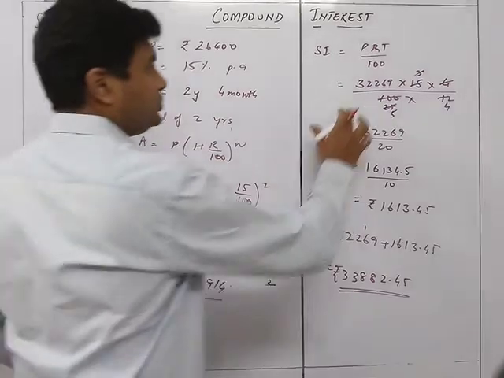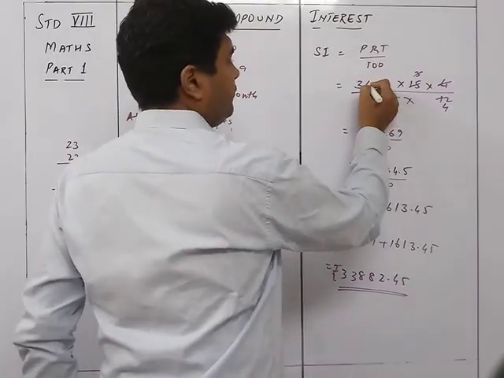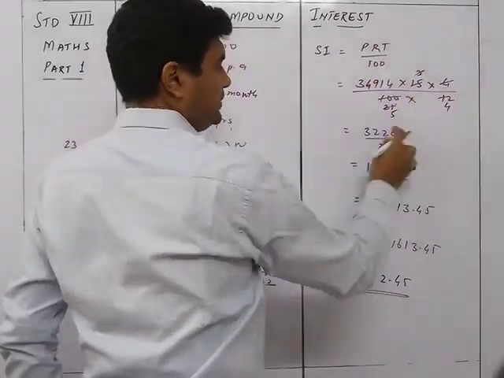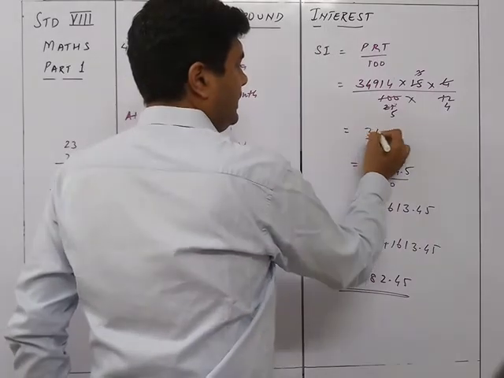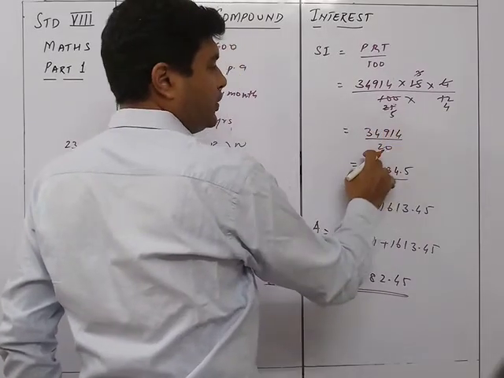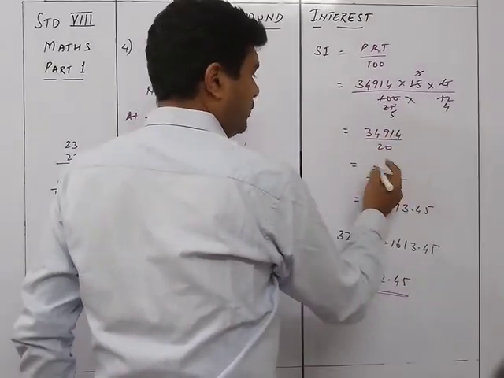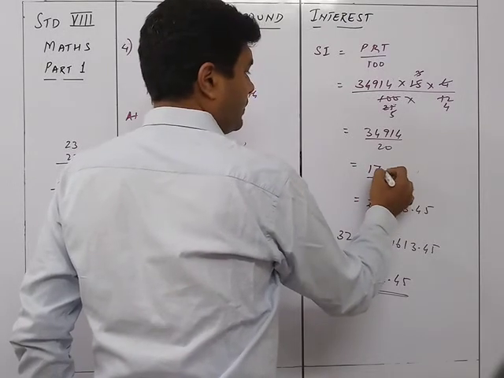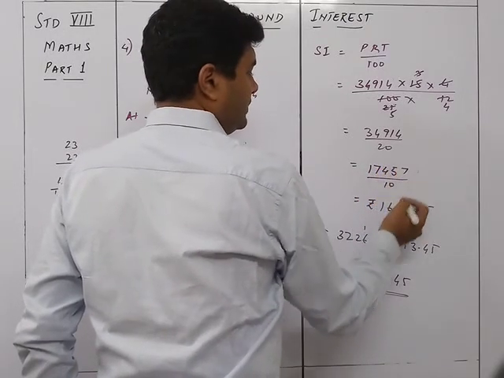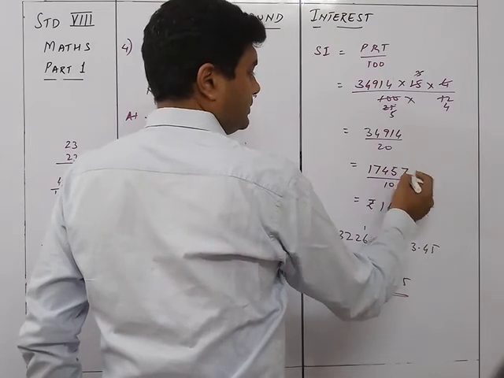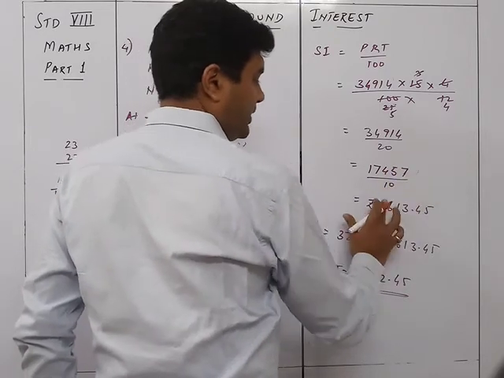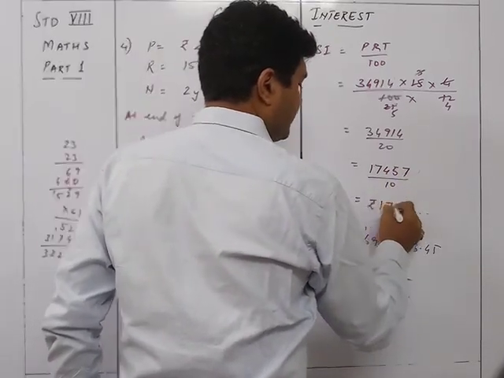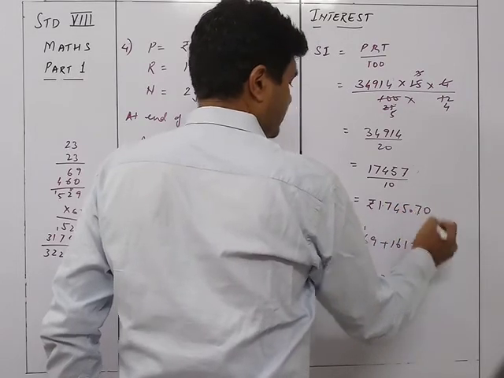Accordingly, the answer over here will also change and it will become 34914. So it will be 34914 into this. So 34914 divided by 20 will give you 17457, divided by 10, so it will give you 1745.70.